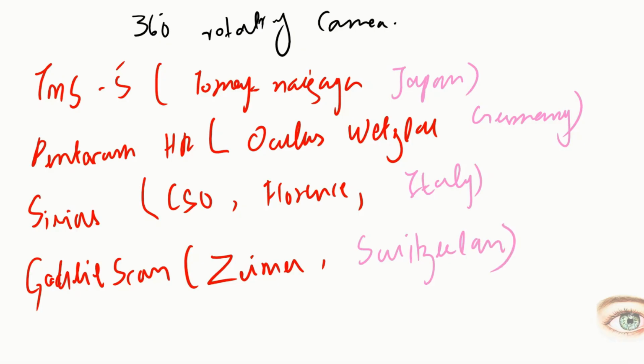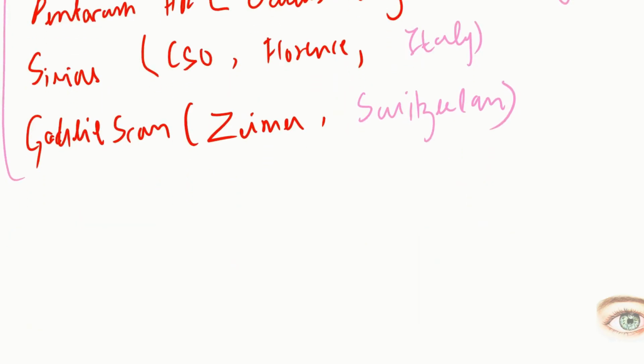Now we are going to compare all these scans with each other. Since the TMS Nagoya is not much used, we are not going to talk about it much. So we are going to compare Pentacam, Galilei scan, and the Sirius.